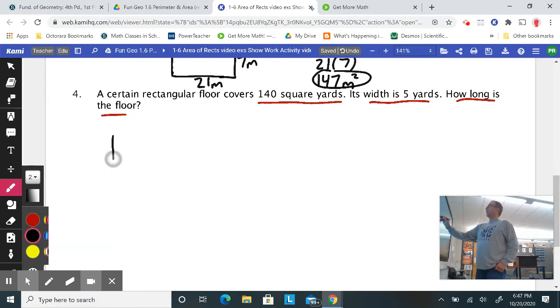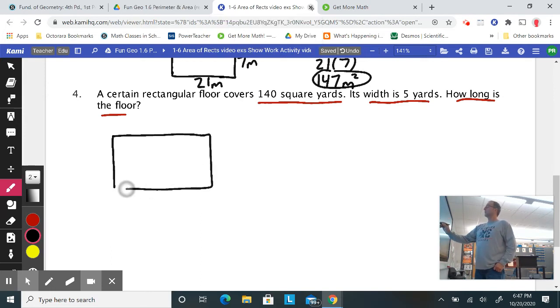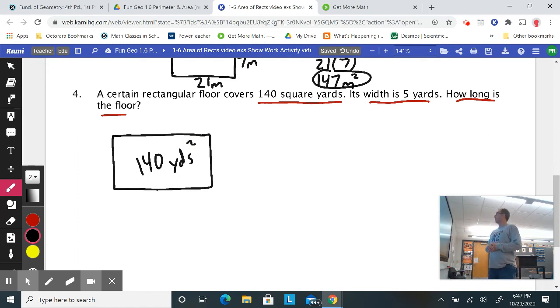All right, let's draw a picture so we can see what we're talking about. So you have a rectangle. We already know the area that it covers is 140 square yards. So you can write yards with an exponent of 2. That you already know. We know the width is 5 yards. We're trying to find how long this thing is.